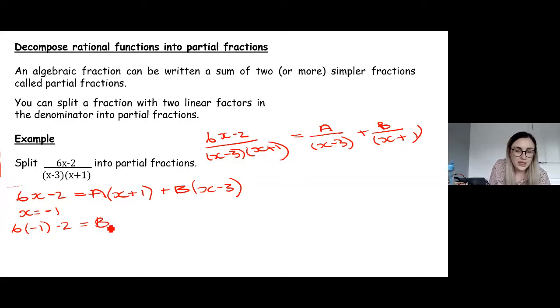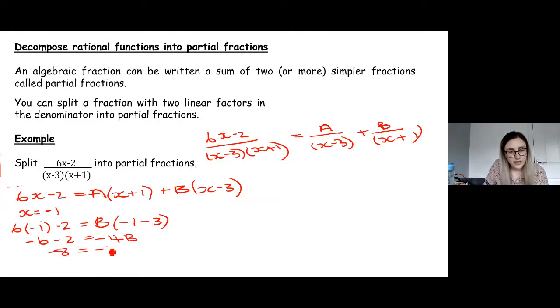I'm left with b times minus 1 minus 3. So 6 times minus 1 is minus 6, minus 2 is minus 8, and b is going to be minus 4b, so minus 8 equals minus 4b. So b is going to equal minus 8 divided by minus 4, which gives me 2.